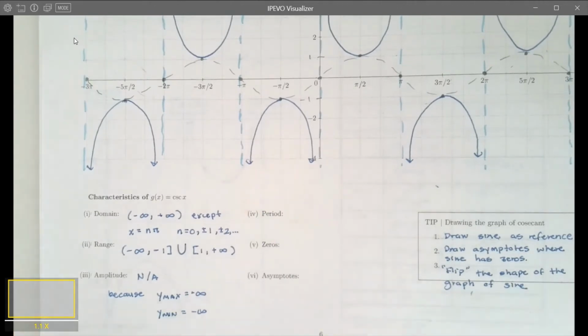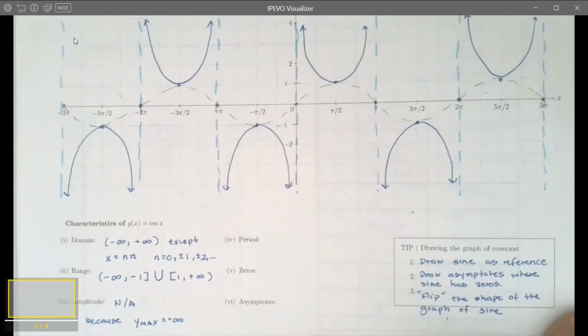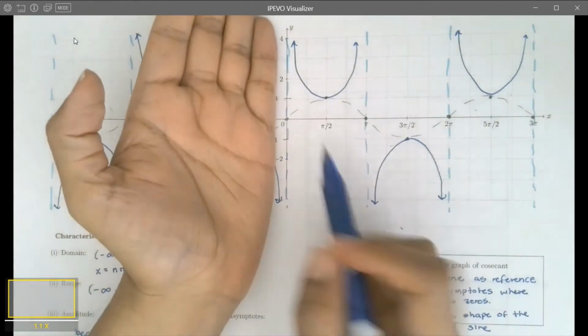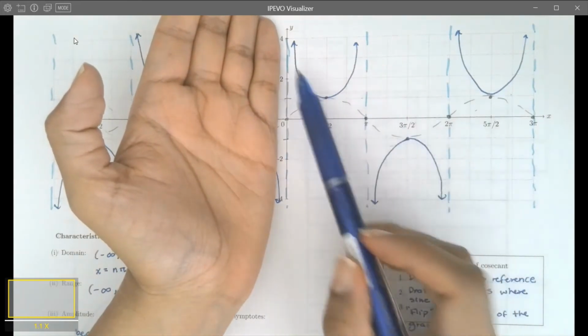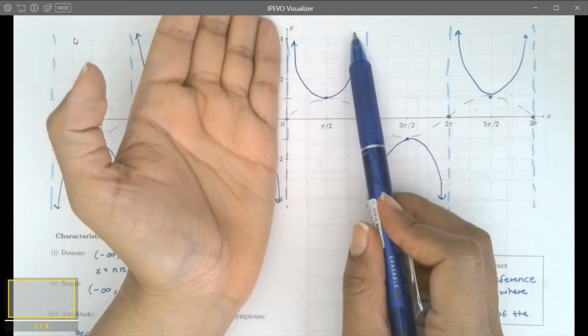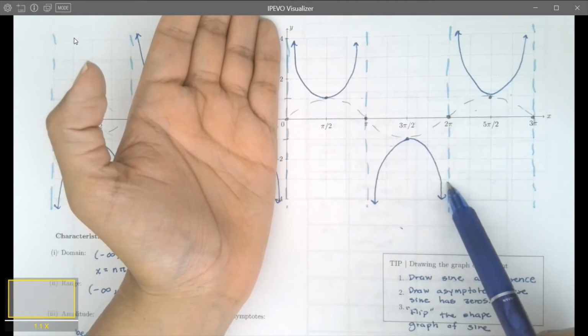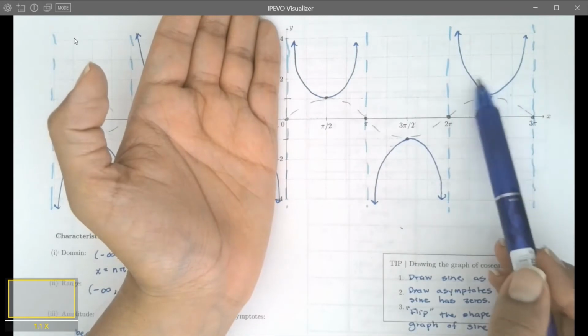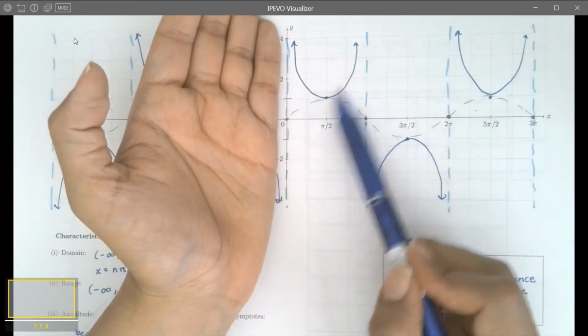What about the period? When do we start seeing this graph repeat? Well, if I start looking from 0 on to the right, I see an upward parabola followed by a downward parabola. That's not repeating yet because these two are different. And then followed by an upward parabola. So this is now a repetition of this part of the graph.